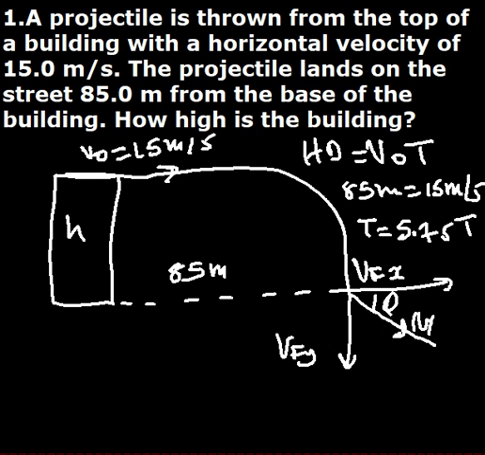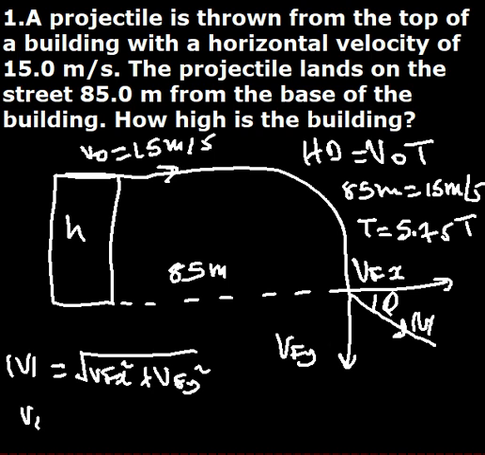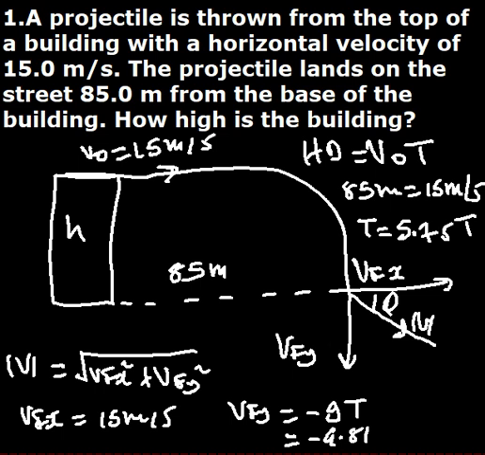The formula for the landing speed is the square root of vfx squared plus vfy squared. Vfx is the launch velocity, 15 meters per second. Vfy is negative g times the total time, which is negative 9.81 times 5.7, in meters per second.